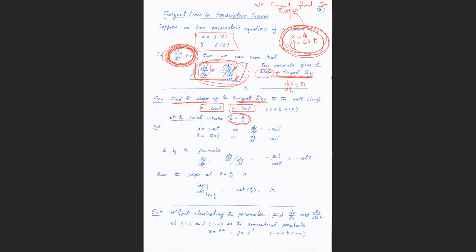Okay, parametric equations are given, the point is given. Now we have to find the slope of this parametric equation. Okay, x is equal to cosine of t is given, y is equal to sine of t is given.